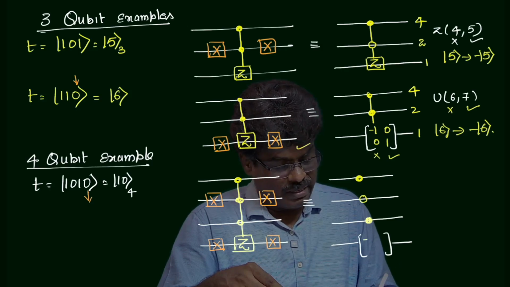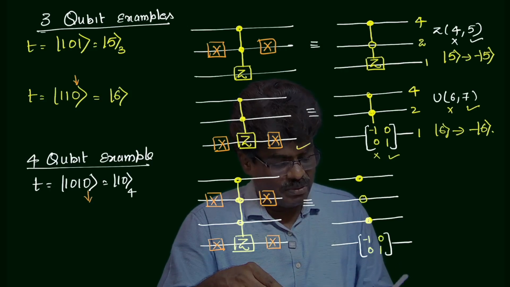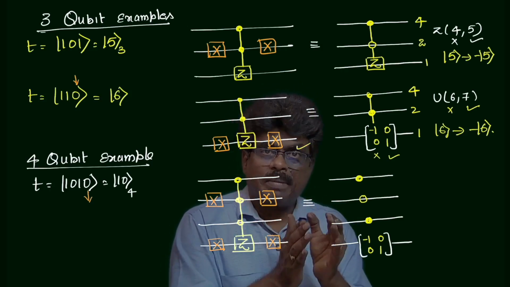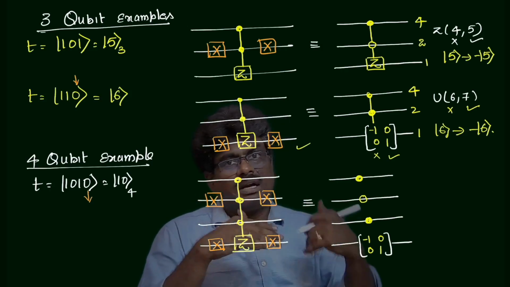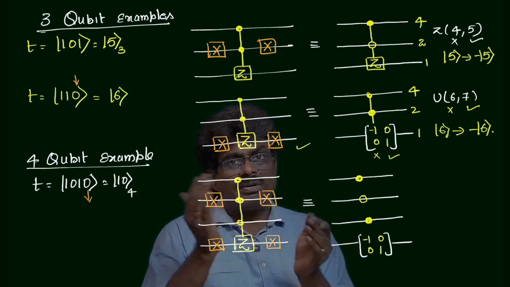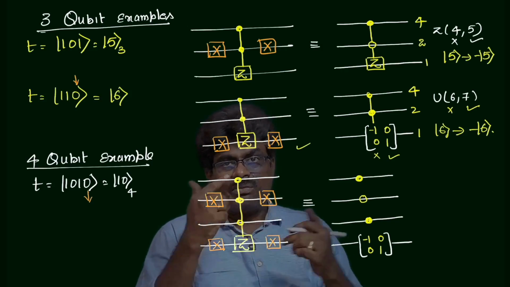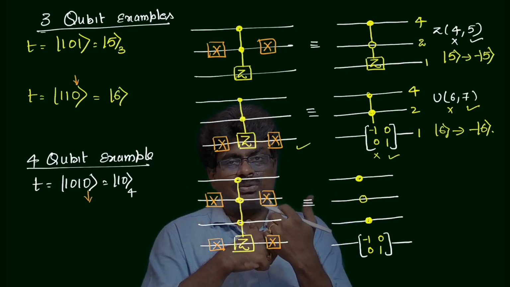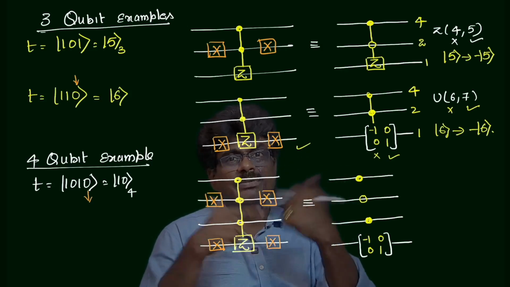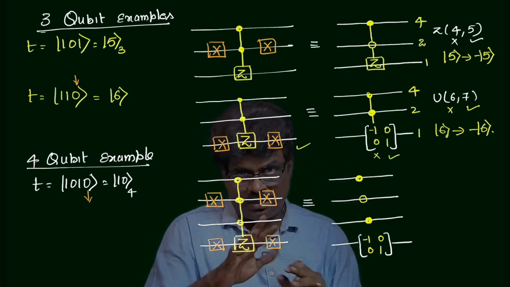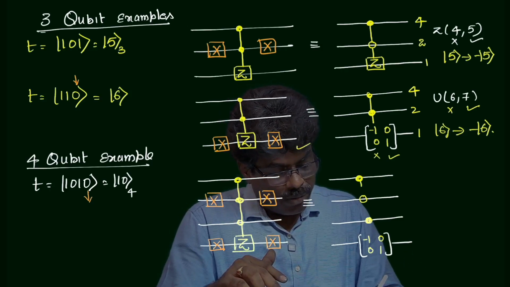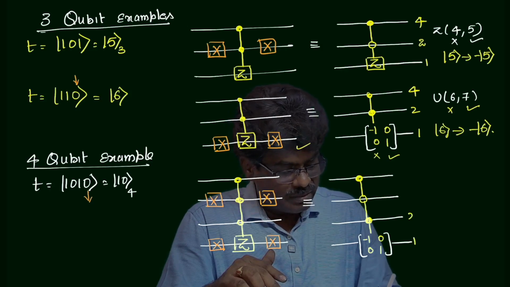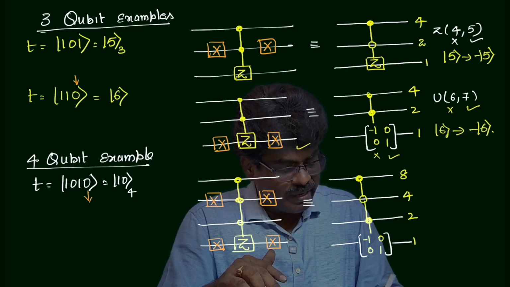Okay, and here minus 1, 0, 0, 1, X, some matrix X, then the rows will interchange and columns will interchange from the right side and left side. Once you interchange those rows and columns, the diagonal elements will interchange. You need not multiply, just leave it. So that's it. So this is 1, 2, 4, 8.